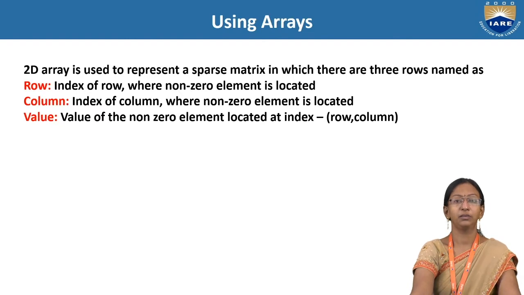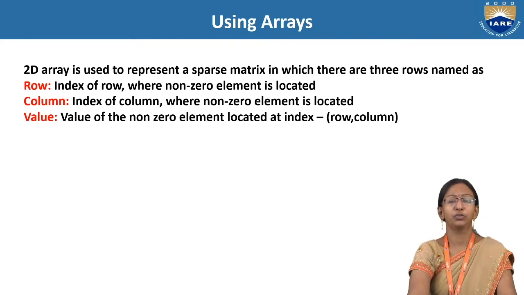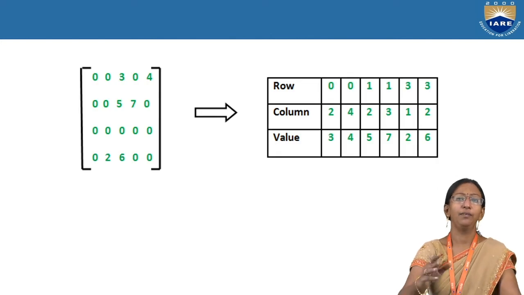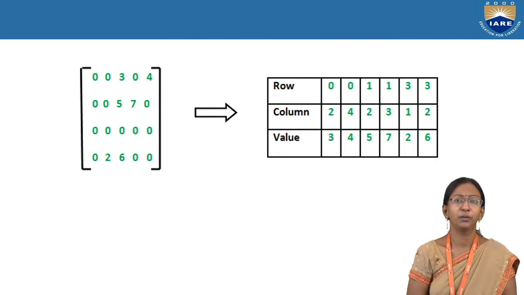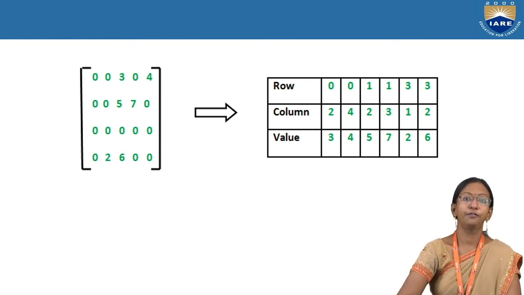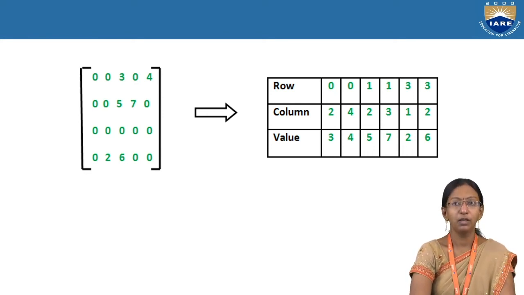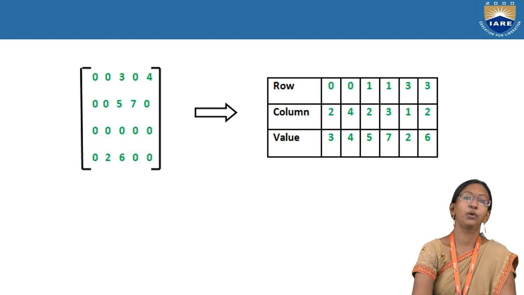Let's start with arrays. We will have a fixed 3 dimensions: 3 rows, row, column, and value. Have a look at the example I have given here, which we have seen earlier also, 00304. The number of rows will be fixed. The first row talks about the row value, the second row talks about the column value, and the third row talks about the data value.